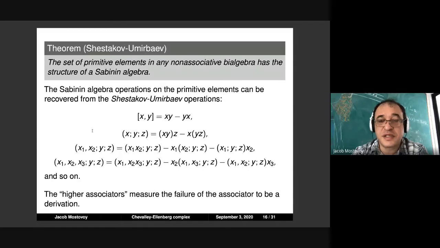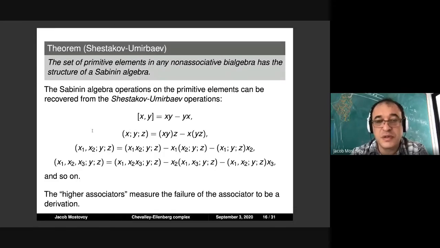This is quite similar to the case of Lie algebras, but with this new operation, which is the associator. And the thing is that the commutator is a derivation, but the associator is not.